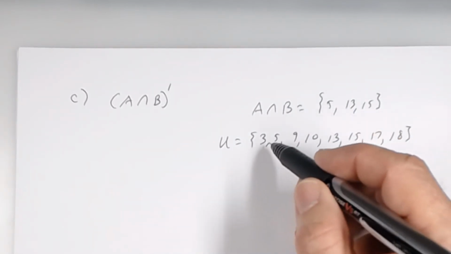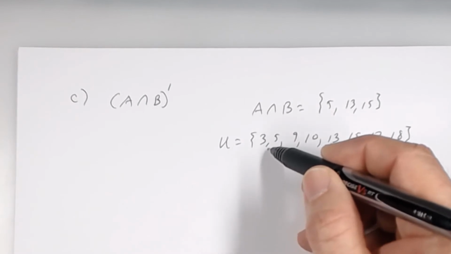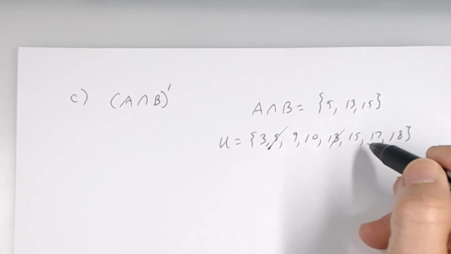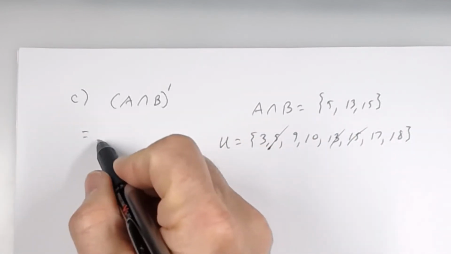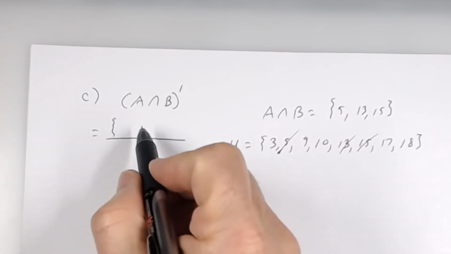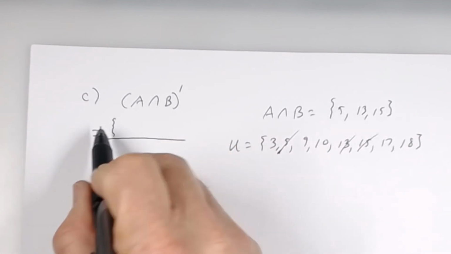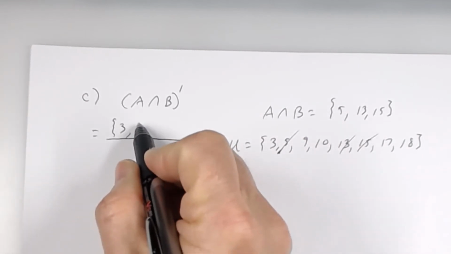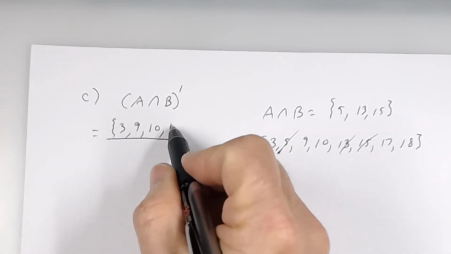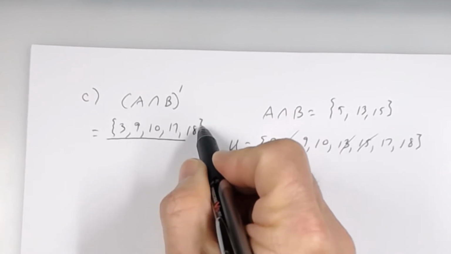So what do I remove? 5, 13, 15. So therefore, what's my answer? It's everything else. The set containing 3, 9, 10, 17, 18.